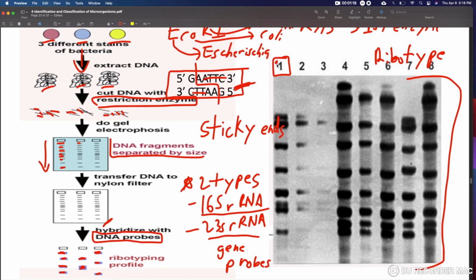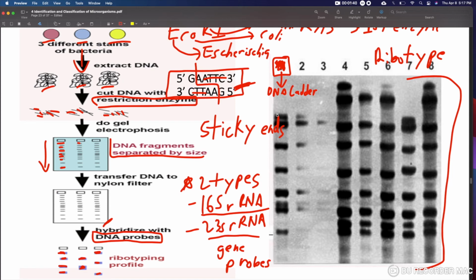More often than not, in well number one, the first well of your ribotype, we put what we call the DNA ladder. What do we mean by a DNA ladder?